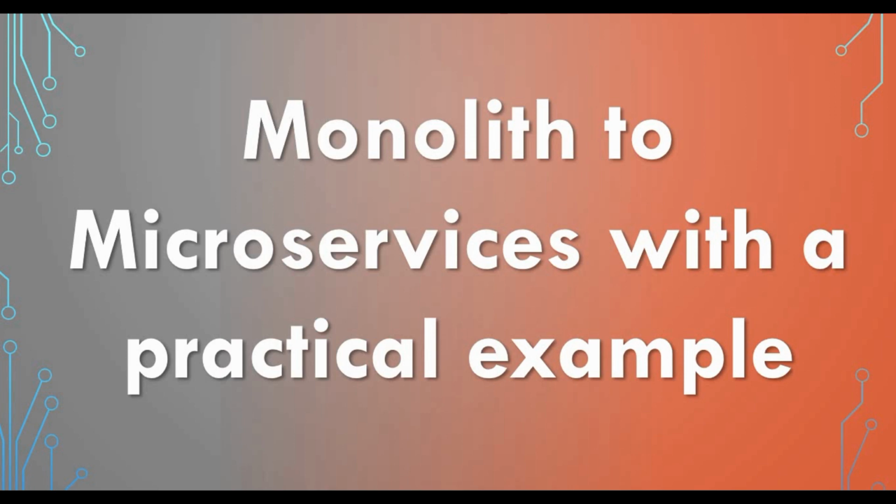So in this tutorial, we'll talk about how you can describe a monolith application and how you can move that into microservices using a practical example of an application, which we will consider like this application, and what are the components for it, and what will be the use case, and how it can be converted into microservices if you want to change them. So that will be the overall agenda of this tutorial, so you can get complete information on what is monolith application, what is microservices, what are the benefits, disadvantages, and all those things we will talk about in this tutorial.